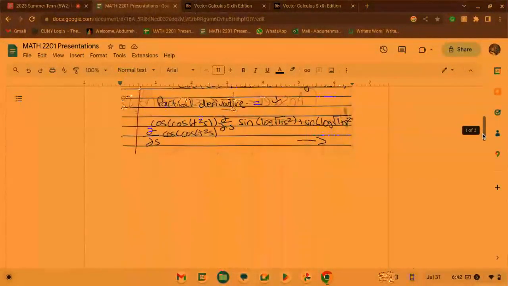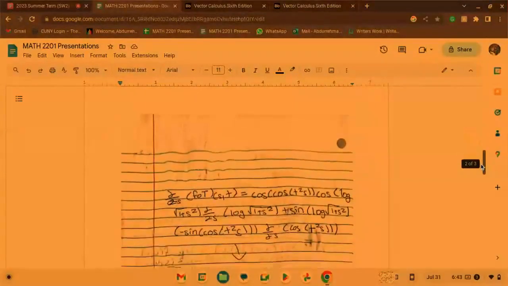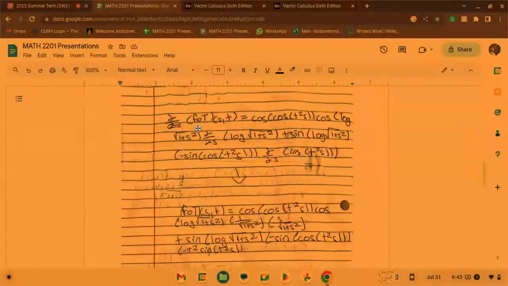Then after that, I basically just did the partial derivative. So these are the steps. It clearly shows how it went through. I'm going to go down one minute. So f with respect to t at (s, t), this is what it equals.